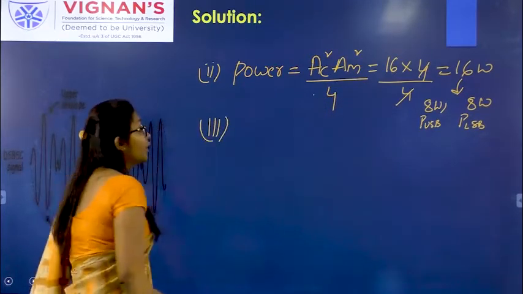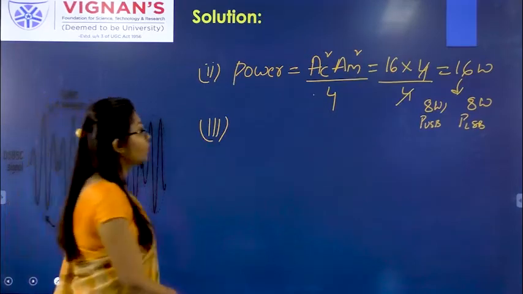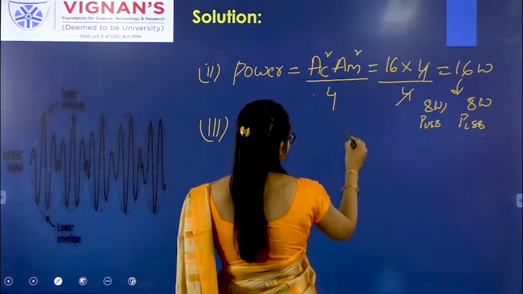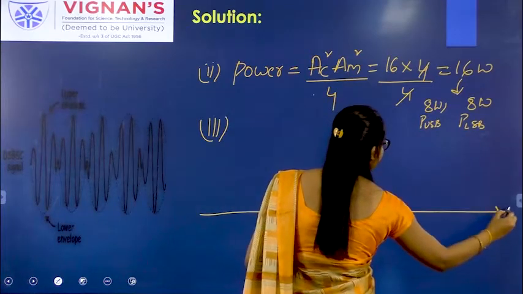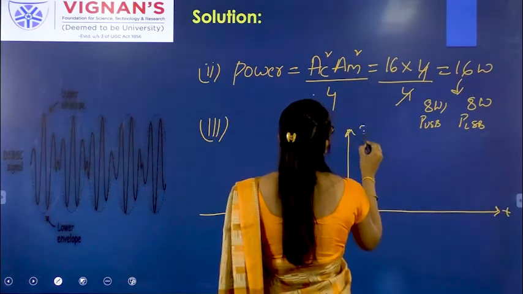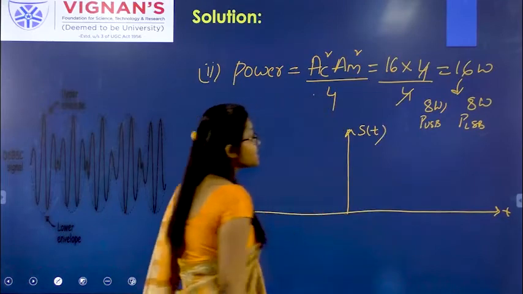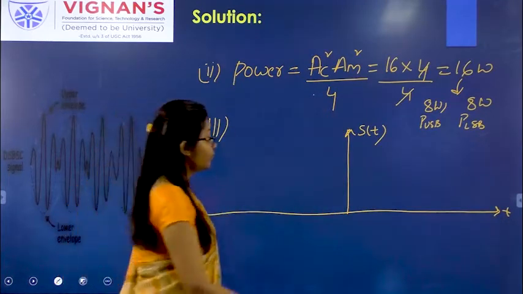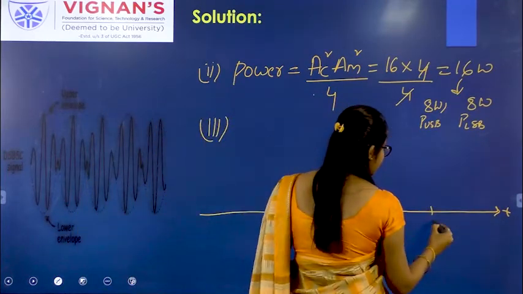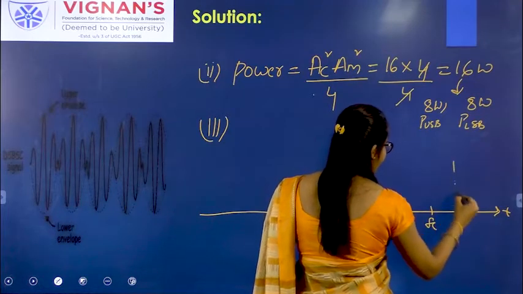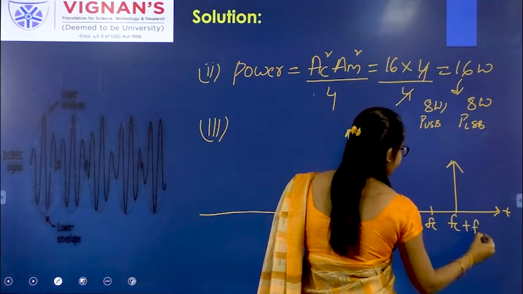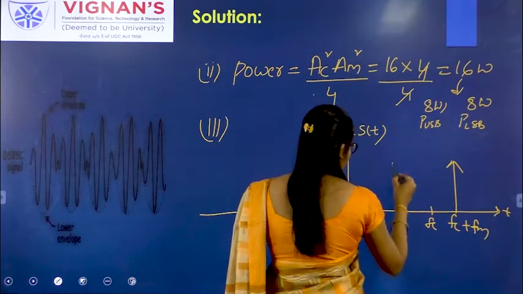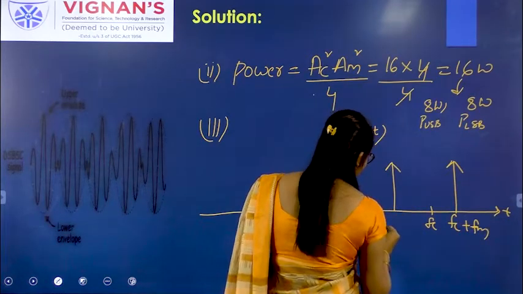And third one, we have to draw the spectrum. Draw the spectrum of modulated wave. So if you draw the spectrum of the modulated wave, what will you be considering? FC, there is no FC. FC plus FM and FC minus FM.